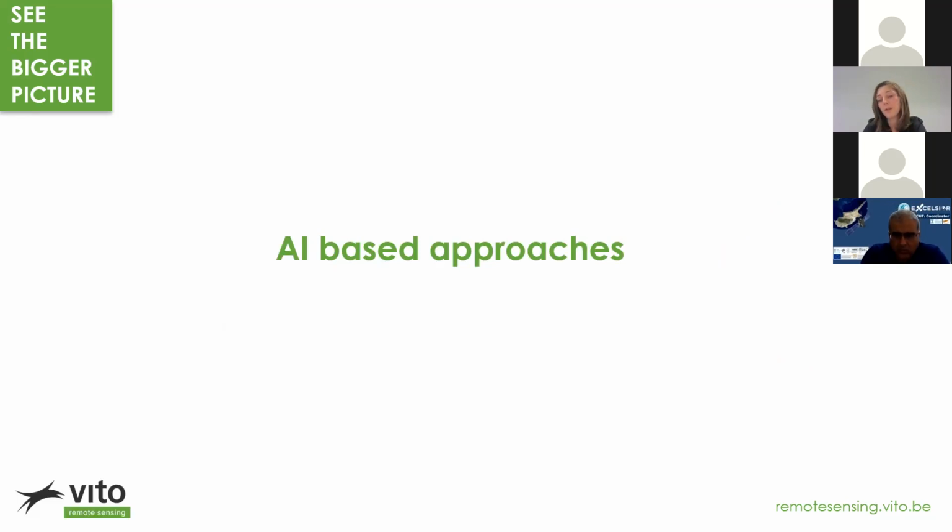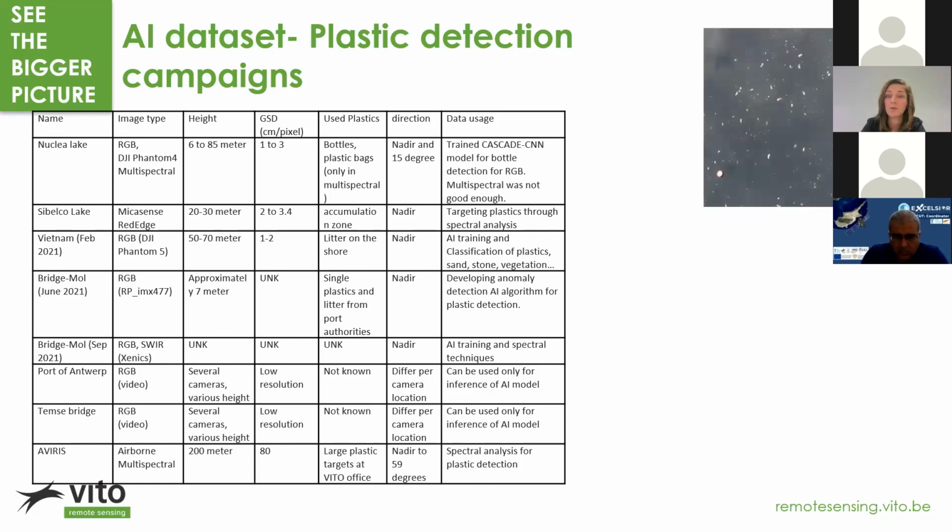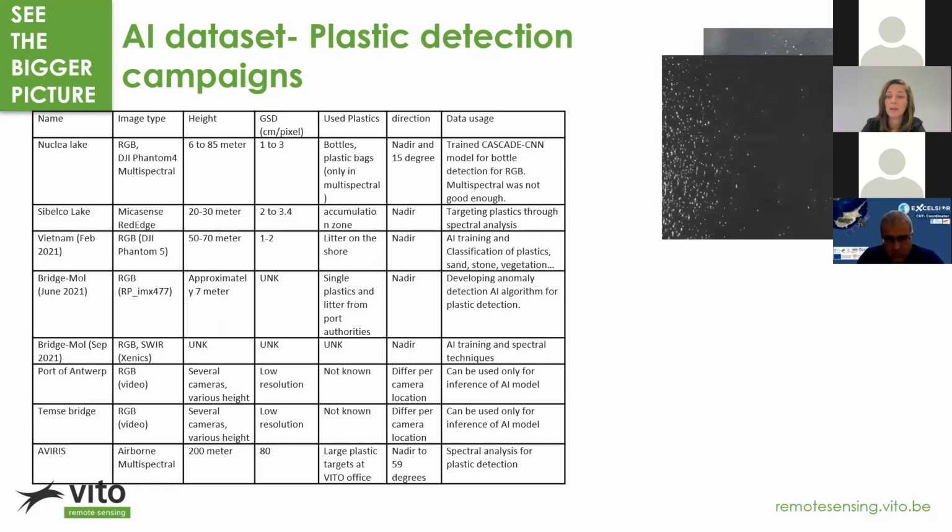Let's go from the spectral-based approaches and have a look at what we are doing with the AI-based approaches. This research has just taken off quite recently, about half a year ago. We've been collecting a lot of data sets to build our AI model. This is an overview of all the data sets we've been collecting so far. We had a first campaign in a lake very close to our offices in Belgium, where we had a lot of plastic bottles and plastic bags on the lake.